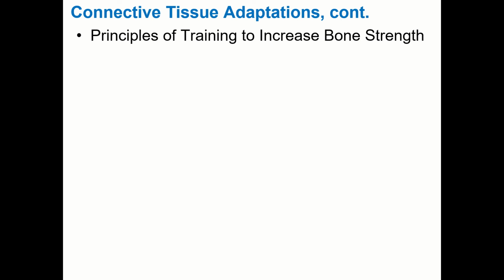So osteoporosis, porous bones, can result in fractures if they fall, or if their bones are porous enough, the bones can actually fail, like the neck of the femur, which is a pretty common site. So the neck of the femur can fail just due to normal loading because the bones themselves are so lacking in density, they're so porous. And so for somebody who is at risk of that, or somebody in the early stages of that, we might need to set up a training program to improve bone mineral density.